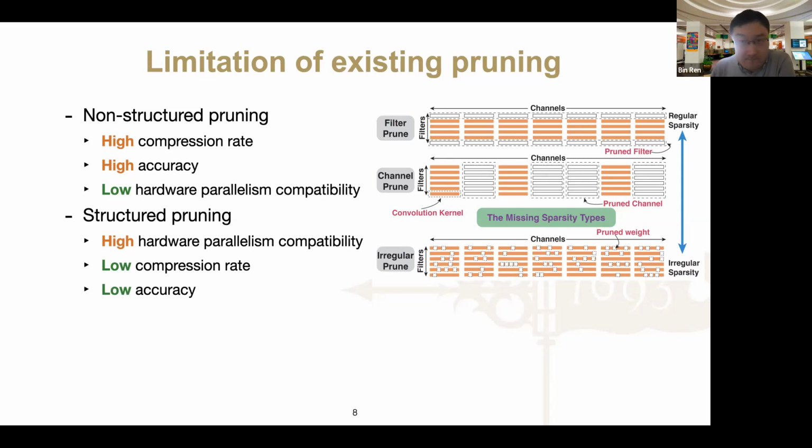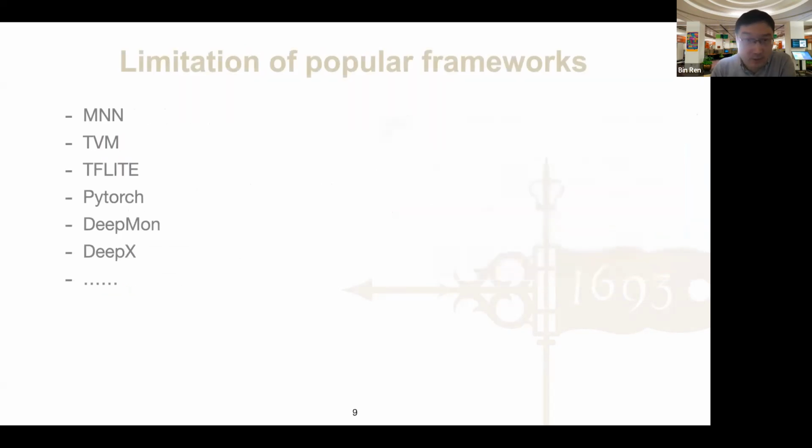However, because we need to prune the entire filter or channel, usually we cannot enjoy the pruning flexibility. So usually we will have a low compression rate, and also the resulting model accuracy will be degraded. So these are the limitations of existing pruning approaches.